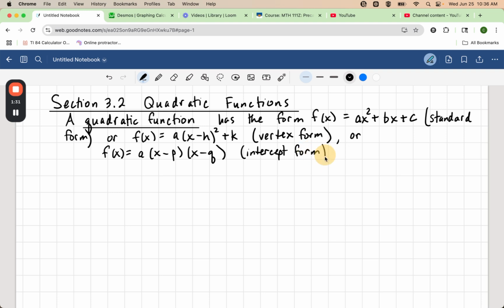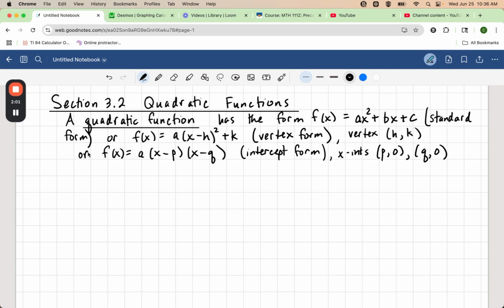Okay, the intercept form tells us the x-intercepts. So the x-intercepts are p comma 0, q comma 0. Vertex form tells us what the vertex is. So the vertex is going to be h comma k. All right? So those are the three different forms for quadratic functions.